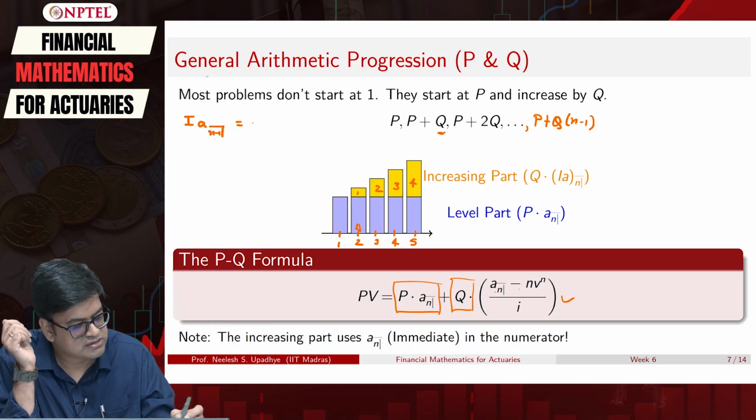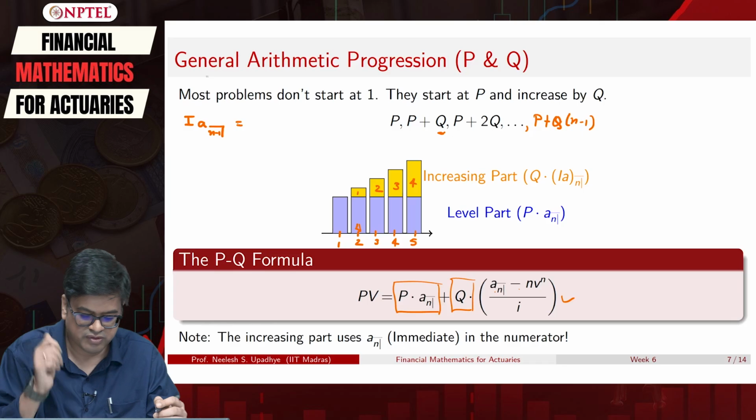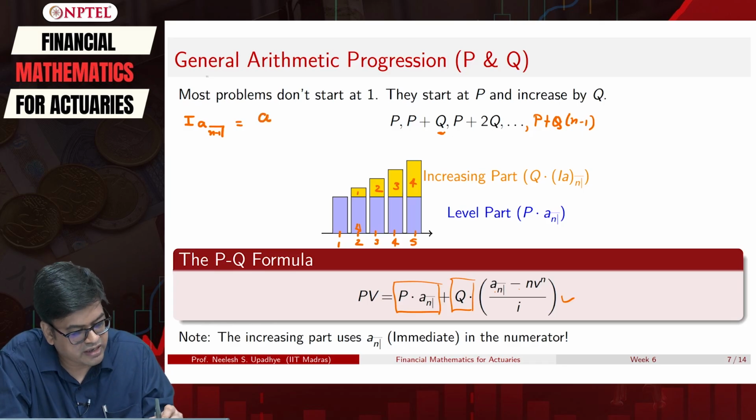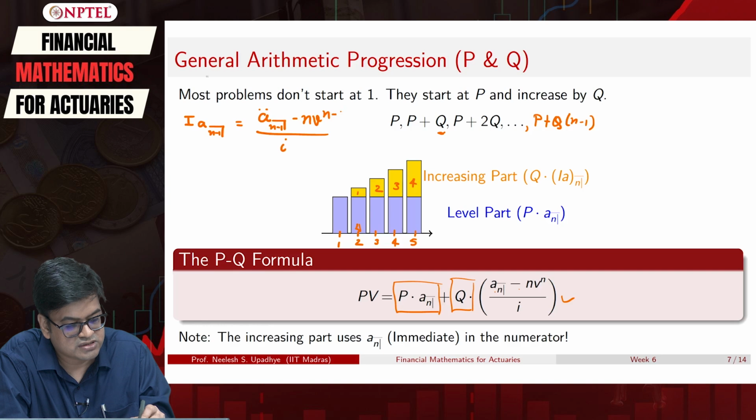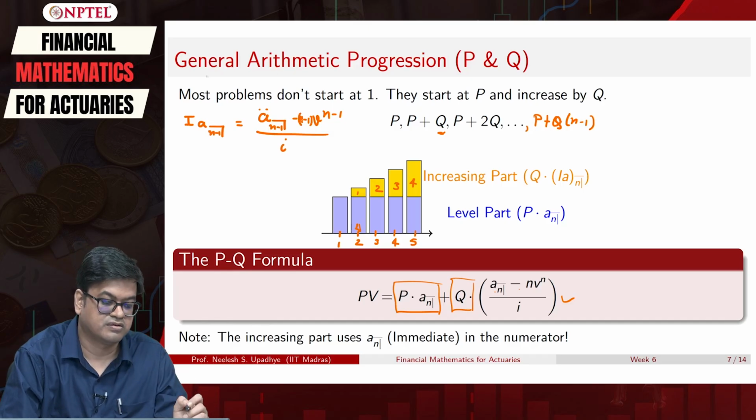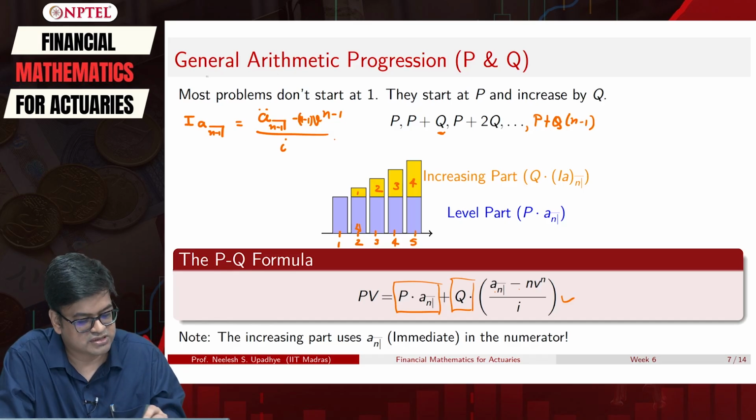What is this? This according to our formulation is (ä angle n−1 − (n−1) v^(n−1)) / i. So, this is because I am looking at the n minus 1th period, this will be n minus 1. Okay. So, this is the formula.